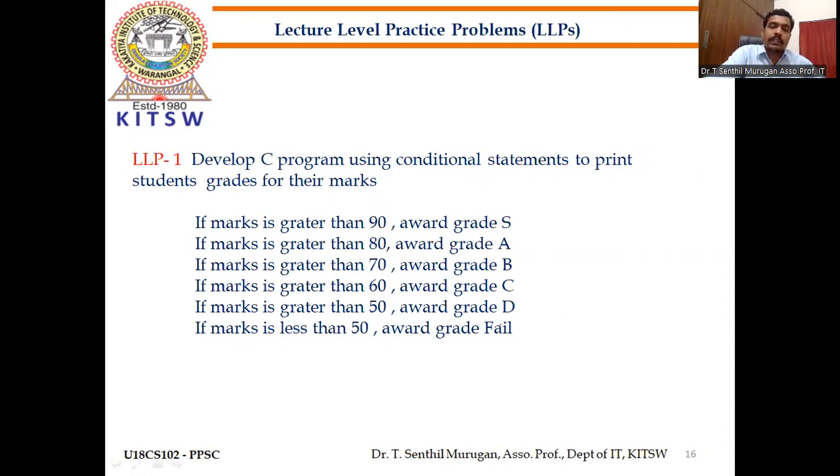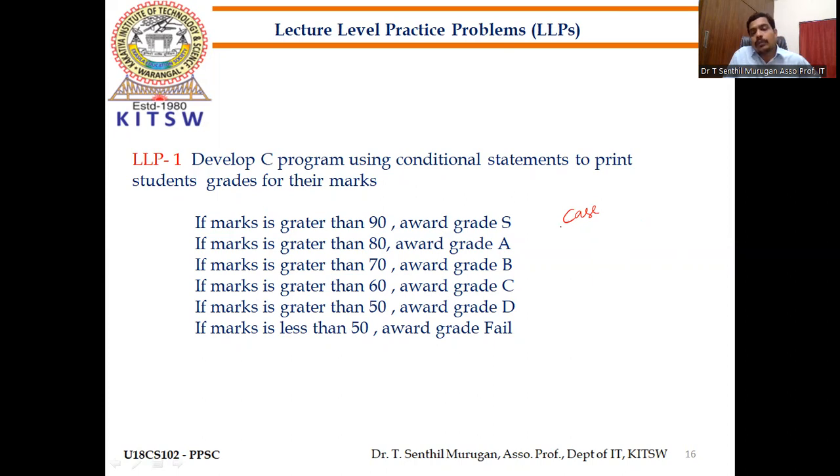Now I have given the same example, and you have to write the C program using switch cases. How can you give it? The condition is greater than 90. How will you give the case value? Then you will define the case also.